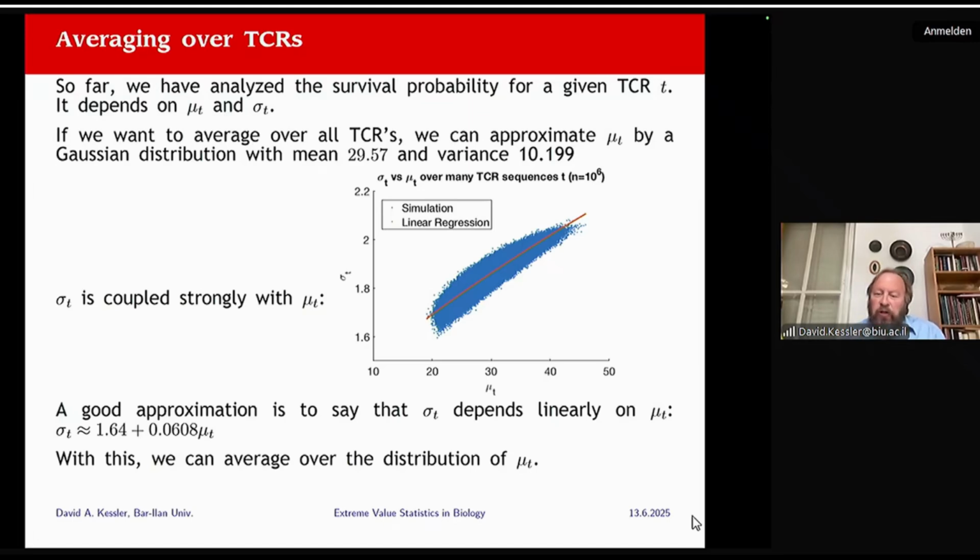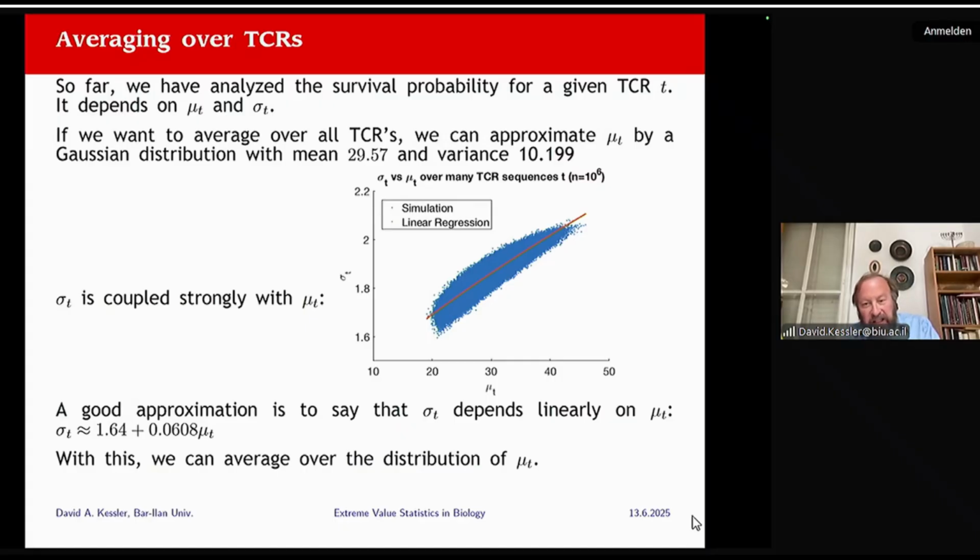Now we want to average over all TCRs. Mu t is an average over a column of this matrix, so again it's basically Gaussian by the central limit theorem, and you can calculate the mean and the variance. These are just properties of the numerical MJ matrix that Chakrabarty had invented.